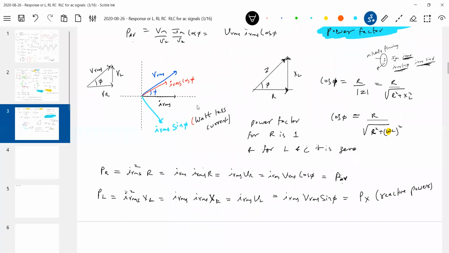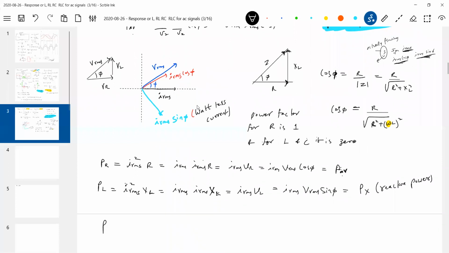Then what do we have? We have one more, no? Total power dissipated in the circuit. Real power, and I'll call this apparent power. I can also write one more, no? Just Vrms into Irms. That's all. This is also power, and this is called apparent power.